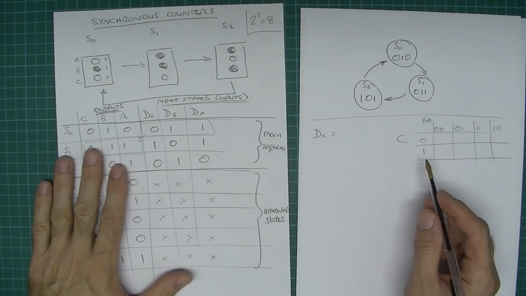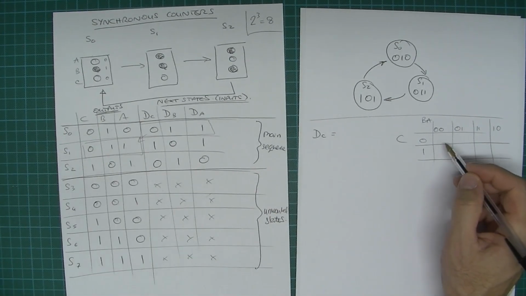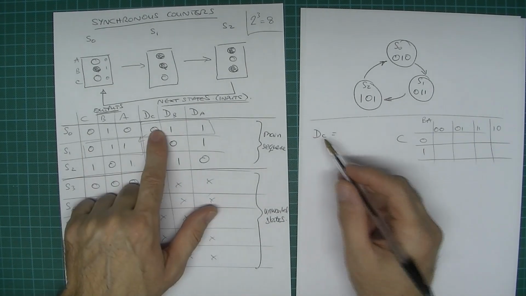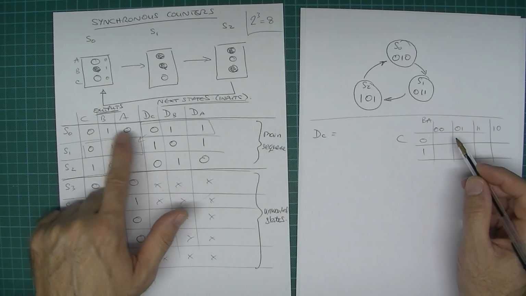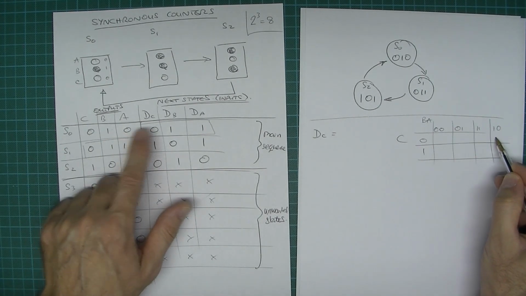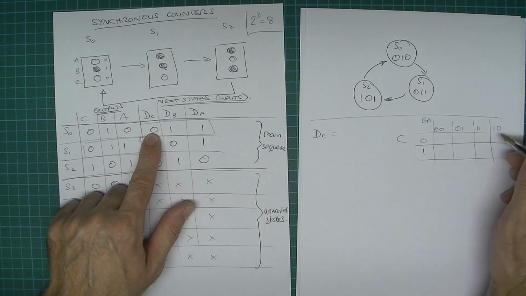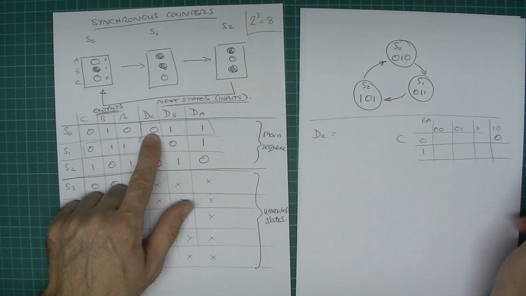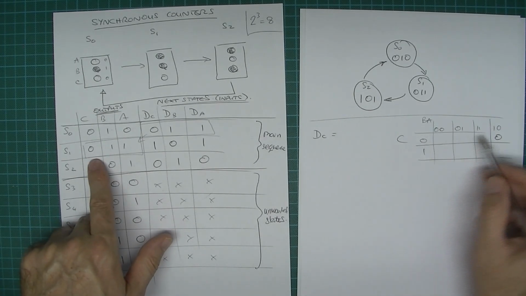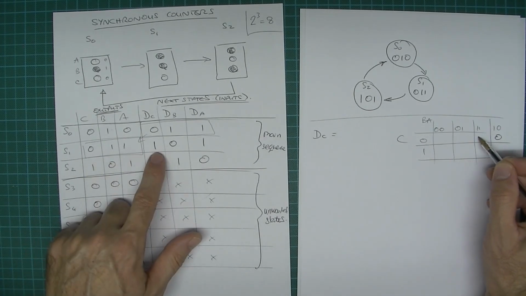Right, next thing then, I need to populate the Karnaugh map. And remember this is for DC, so what I need to say is 0, 1, 0, which is this cell. DC is currently 0. And then what do we got? 0, 1, 1, which is this cell here.